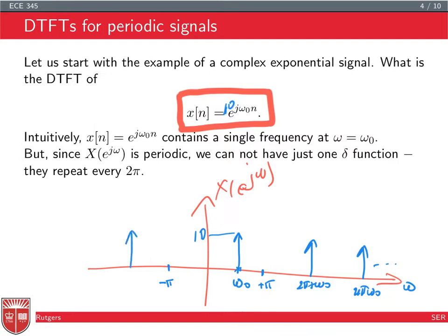So here you would have also the train of impulses. So that's what I want to show, that the DTFT of a complex exponential signal, which is e^{jω0 n}, is a train of impulses at frequencies that are ω0 plus multiples of 2π.